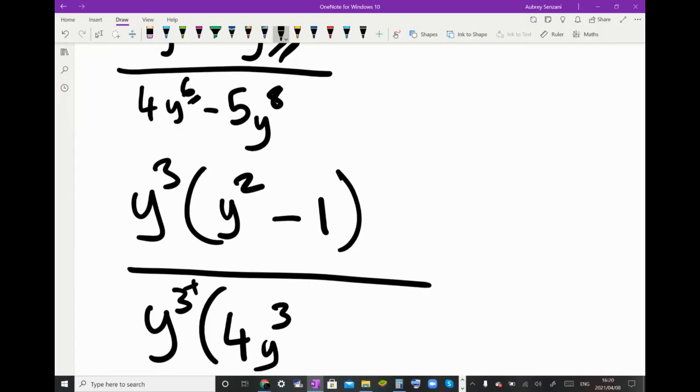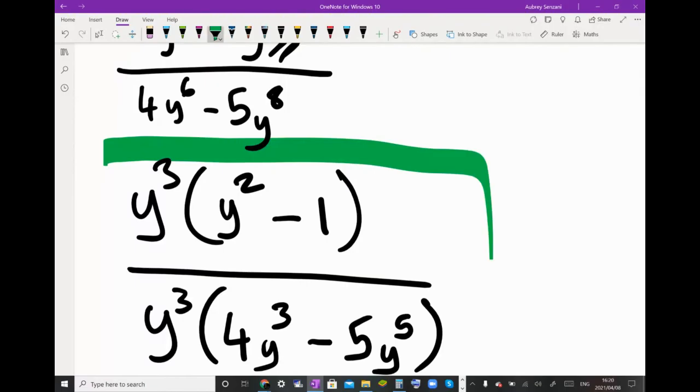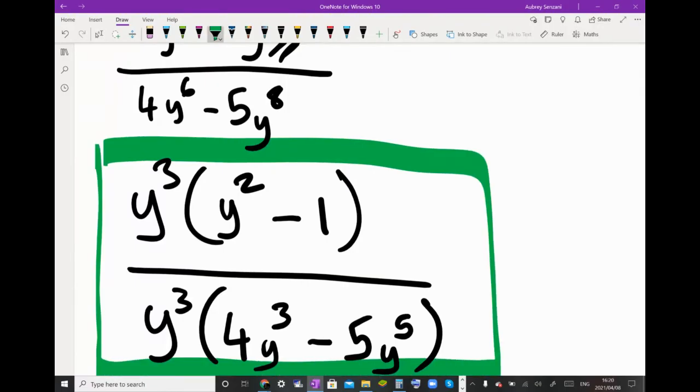Let me just erase that. Okay. Then here we have a negative, and that's going to be 5, and y to the power 5. Okay, close brackets. And then we are done. That is our answer. This over here. Okay, right. And we are spot on at 420.